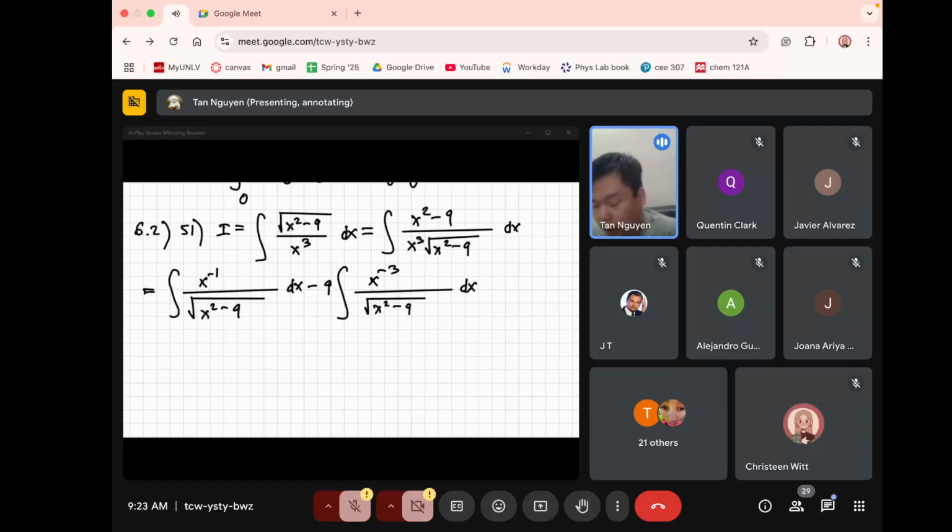This is a binomial integral, obviously, right? So let's solve one of them at a time. Solve this one. Help me, please. First guess. Everything under the radical is u.